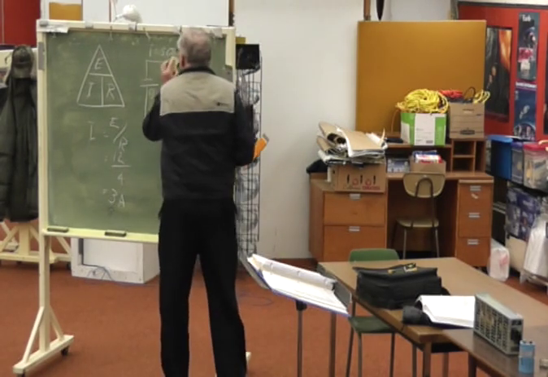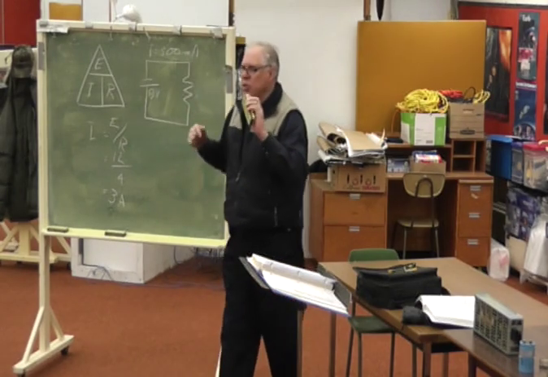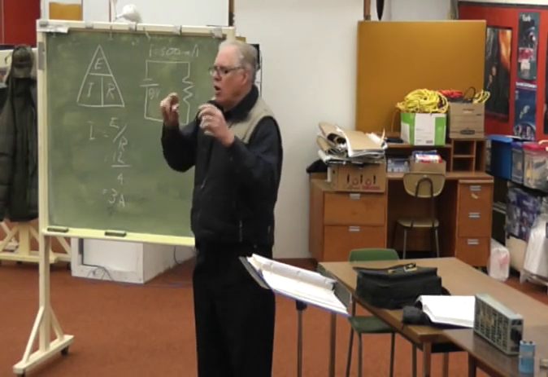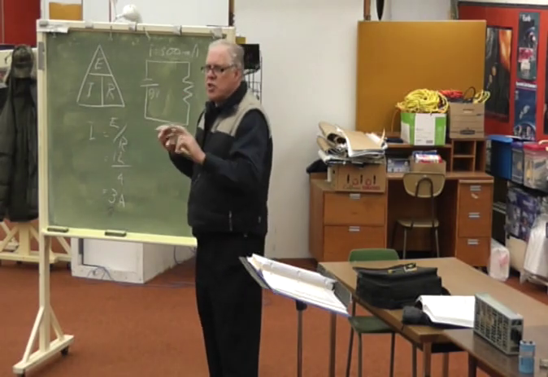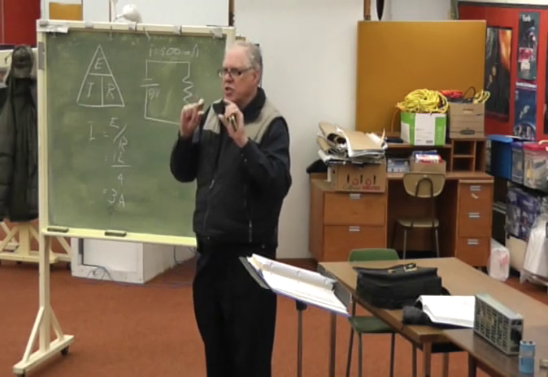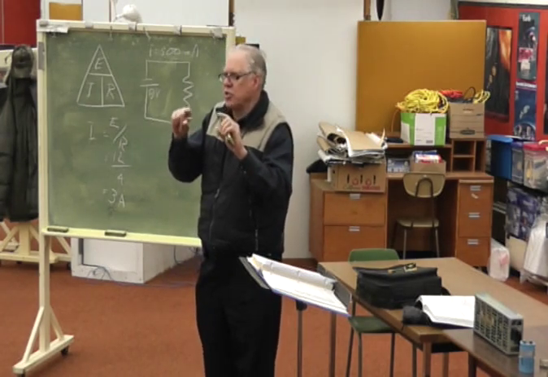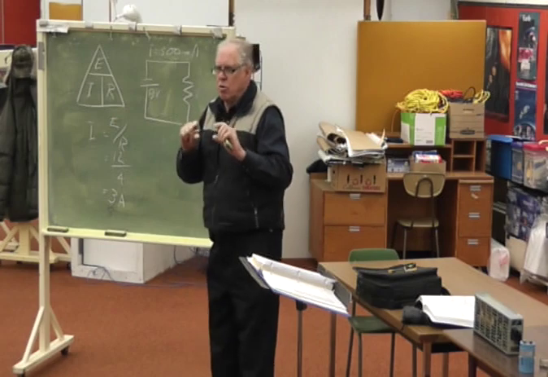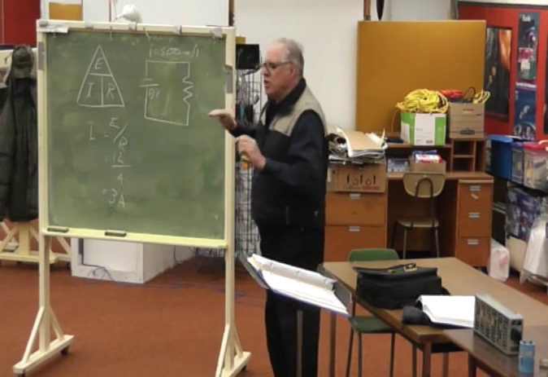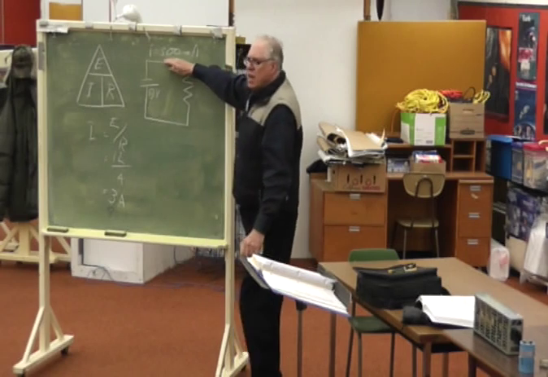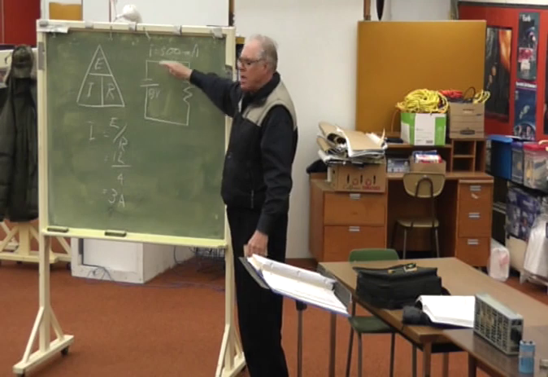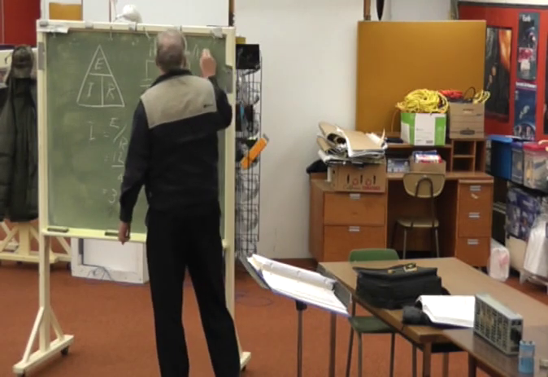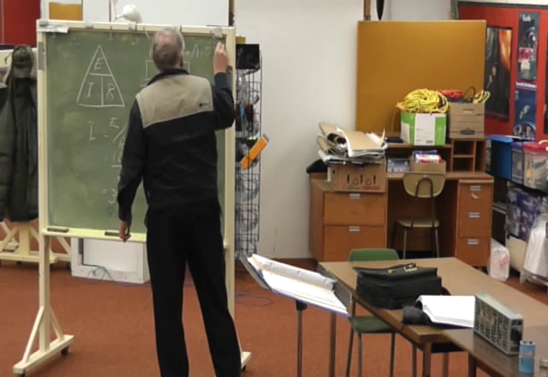Now, the catch is, when you're using Ohm's law, all of your measurements, the voltage, current, and the resistance, must all be in the standard unit. So it must be in volts, amps, or ohms. And if you get a question that has milliamps, you've got to convert that back to amps. So that's equal to 0.5 amps.